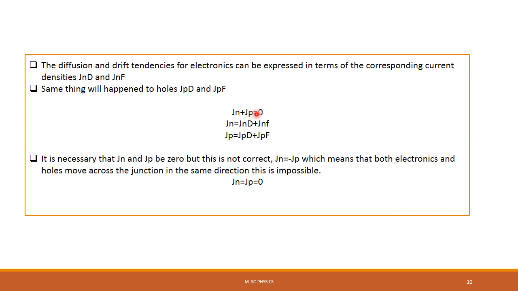It is impossible because electrons and holes move across the junction in opposite directions. That is Jn equal to minus Jp, which means the electrons and holes move across the junction in the same direction. This is impossible. That's why Jn equals Jp equals 0.